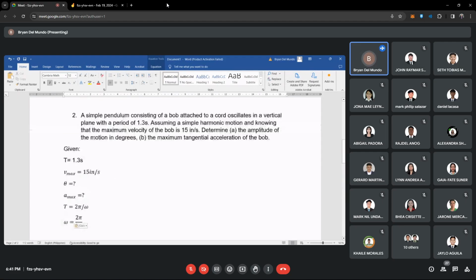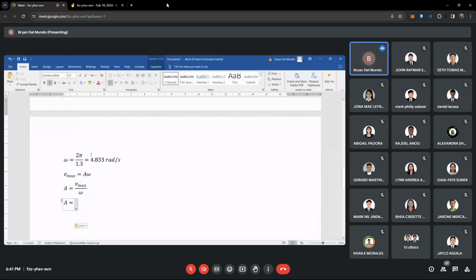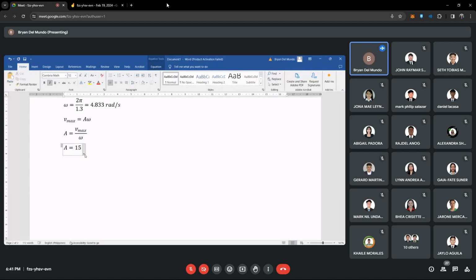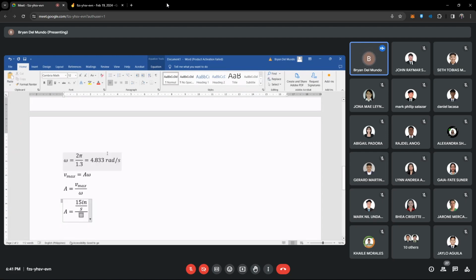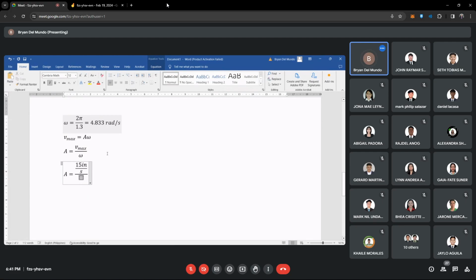So our maximum velocity is 15 inch per seconds. And then the value of our omega n is 4.8332 per second.